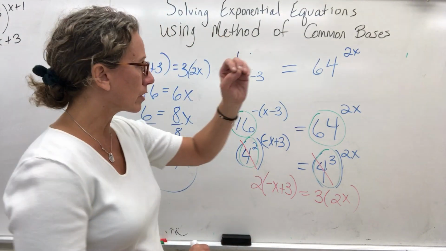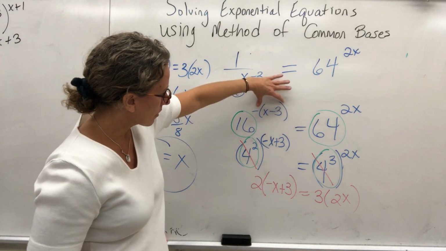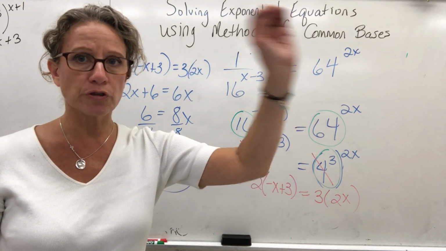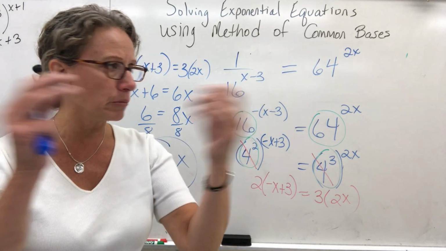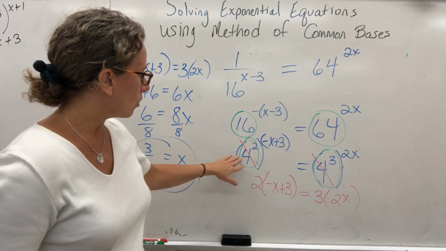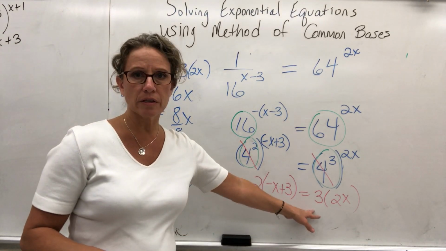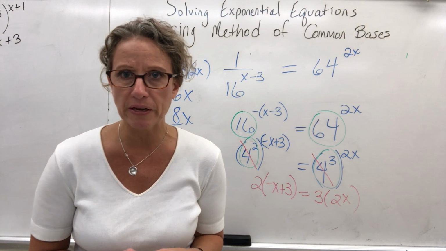And then your power is inside and raised to the power of the original equation. Power to power rule, we distribute in order to bring that power together and multiply that together. And then once the bases are the same, we get to cancel them and equate the exponents together to solve for x. So that's the method of common bases.